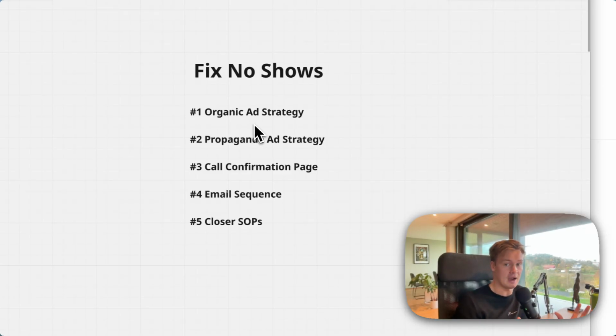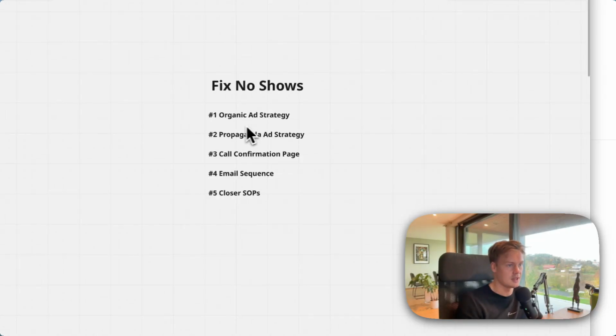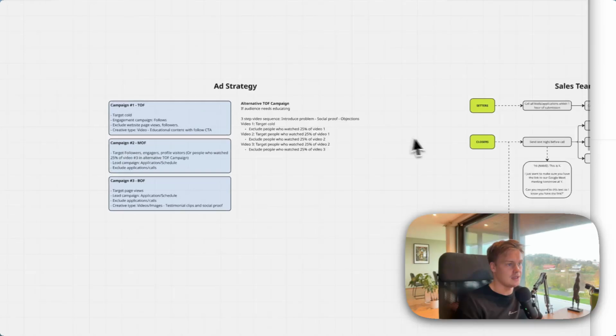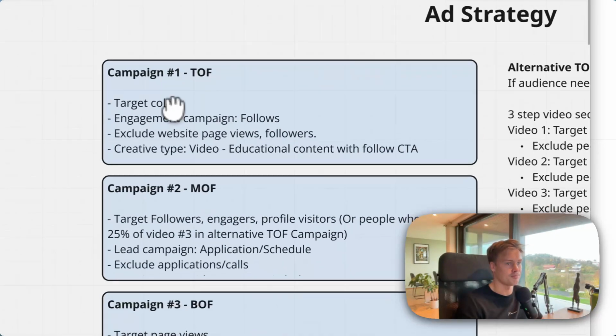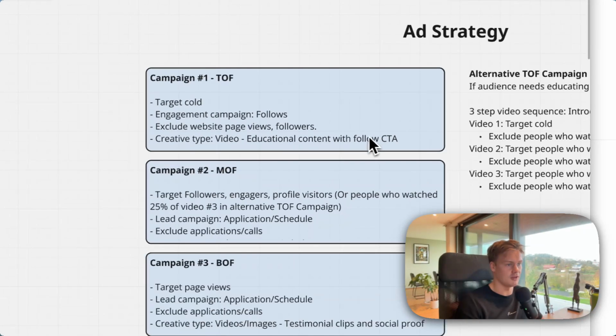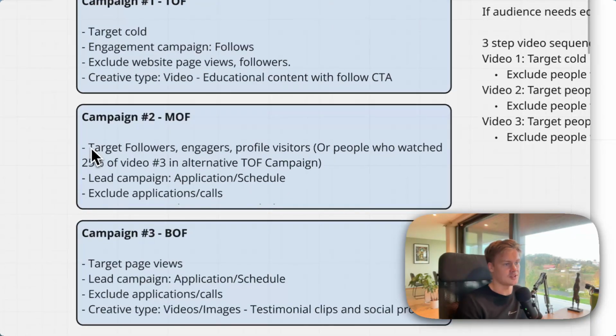But for extremely high spend webinars, where we spend $20,000 to $80,000 on a webinar, you need to tap into cold audiences. But for smaller webinars and VSL funnels, we always recommend that you only run direct response to people who have already seen your content. So what an organic ad strategy is, you basically target cold, and you have educational content with a follower CTA, and then in your middle funnel ads, that's where you target followers, engagers, profile visitors, etc., with your direct response.